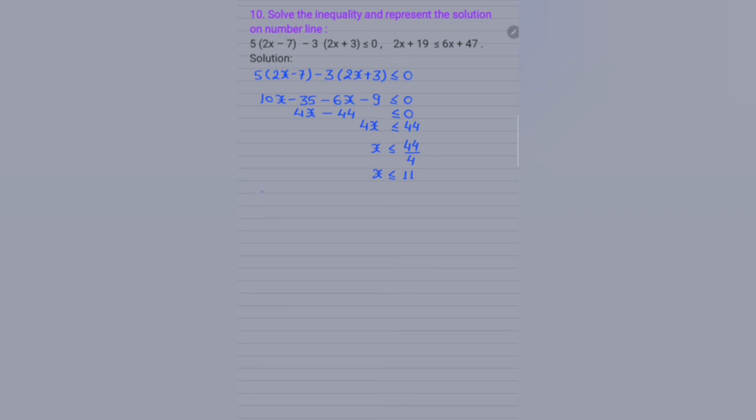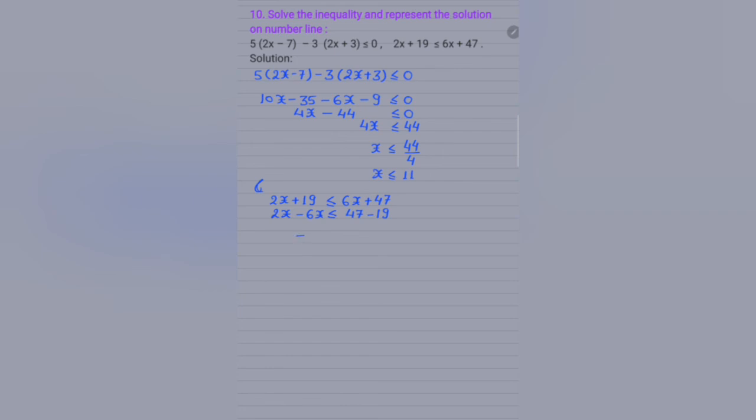Now the second inequality is 2x plus 19 less than equal to 6x plus 47. So bring 6x to the left hand side, minus 6x, less than 47. 19 take to the right side, minus 19.